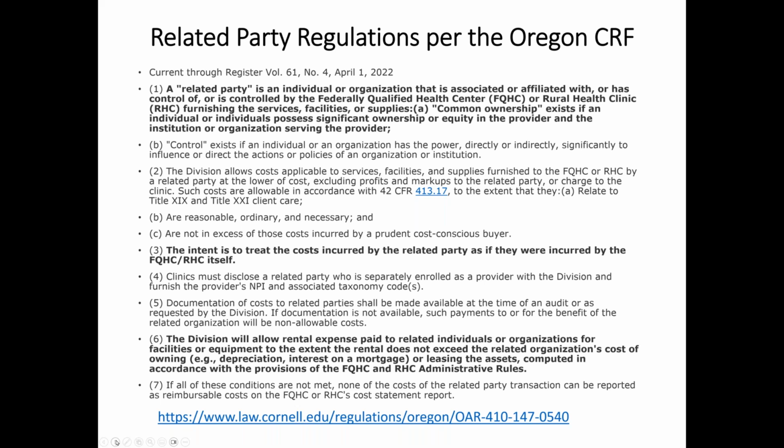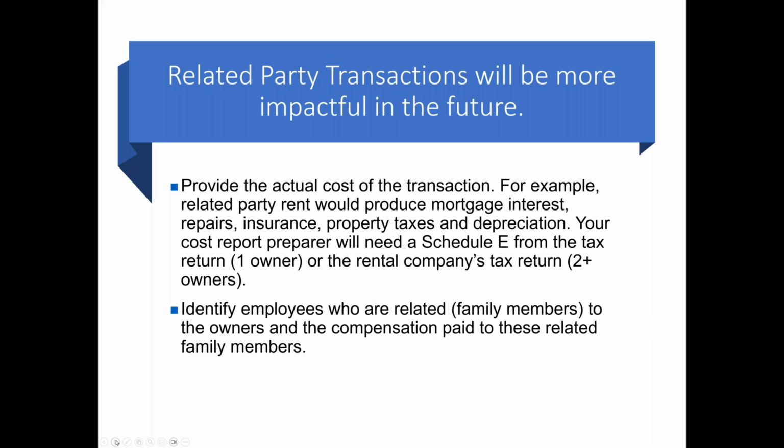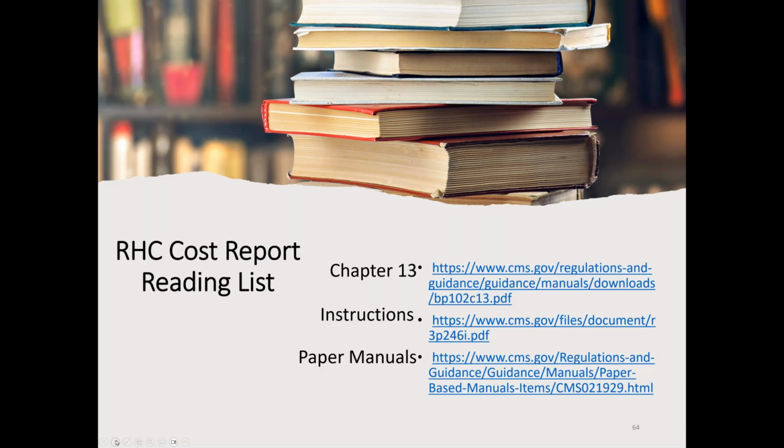Because if you're paying yourself $500,000 in rent, when we do the cost report, we're going to disallow that whole $500,000, and that's going to tank your AIR. So keep that in mind. If your wife owns the building and you're renting it from her, same rule applies. So keep that in mind.